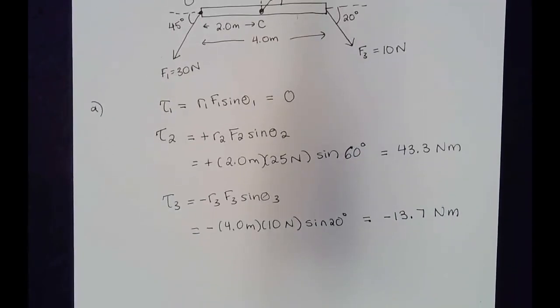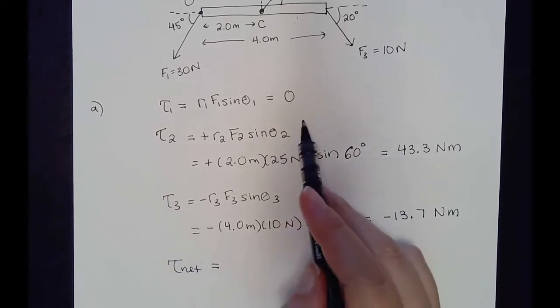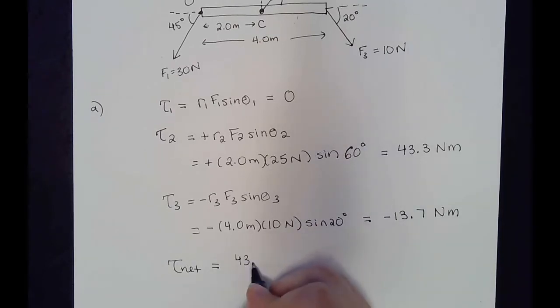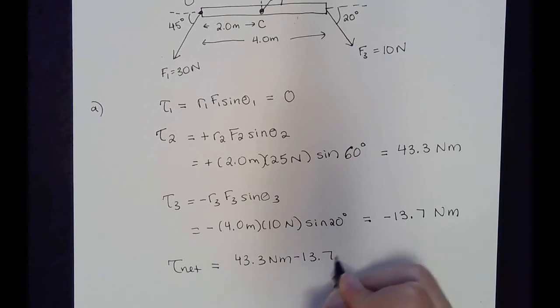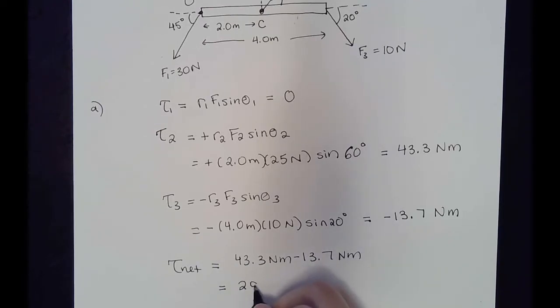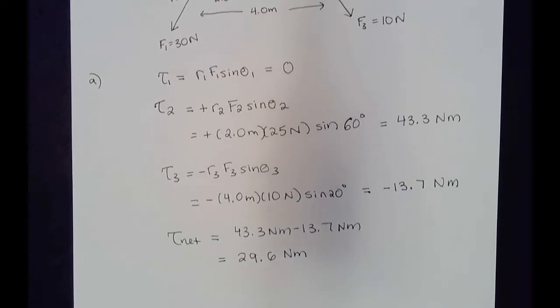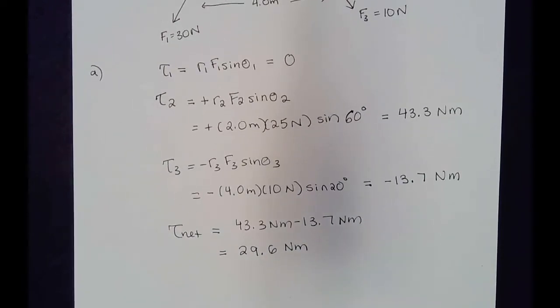And now to find the net torque, we add up the torques due to each force, so that's 0 plus 43.3 newton meters minus 13.7 newton meters. So there's a net torque of 29.6 newton meters if point O is the axis of rotation.